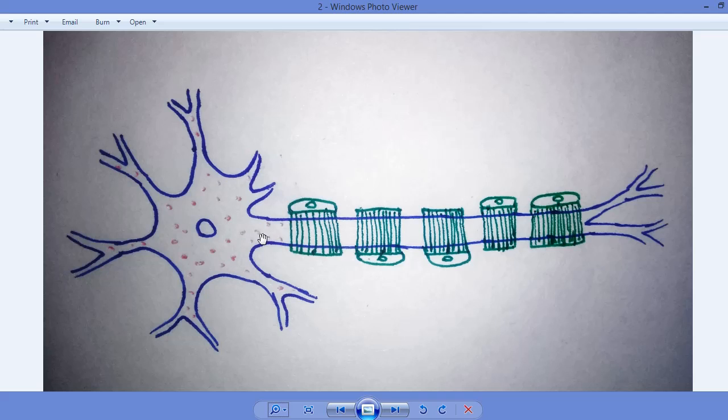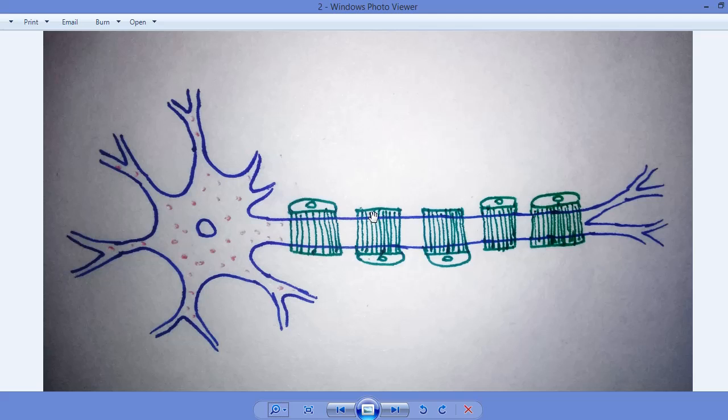The next one is this, the Schwann cell. This is the Schwann cell, and it has produced a myelin sheath around the axon. This is another Schwann cell, and this has produced a myelin sheath around the axon.